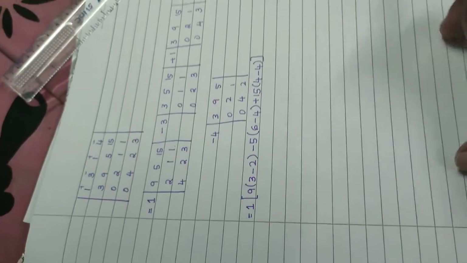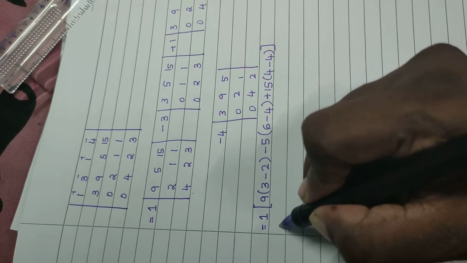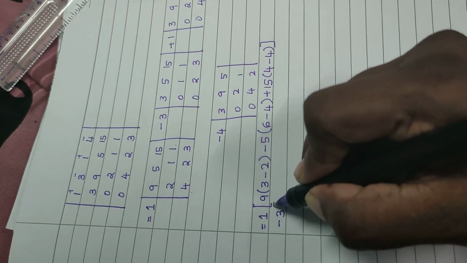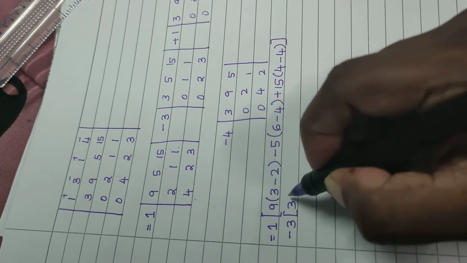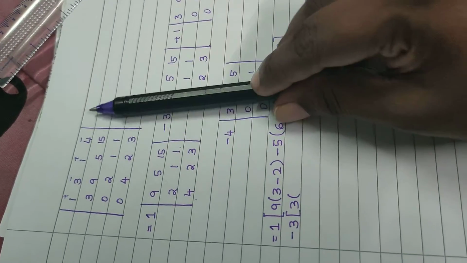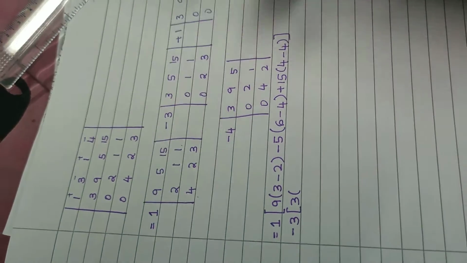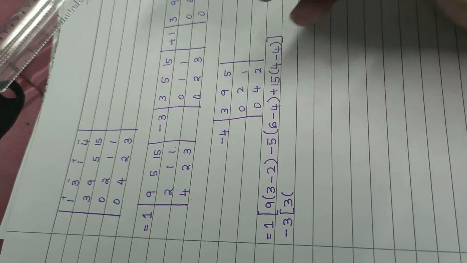Now I'm just going to move stepwise here itself. Minus 3 into, again same rule, 3 into, I close these two off. I have this particular matrix left.